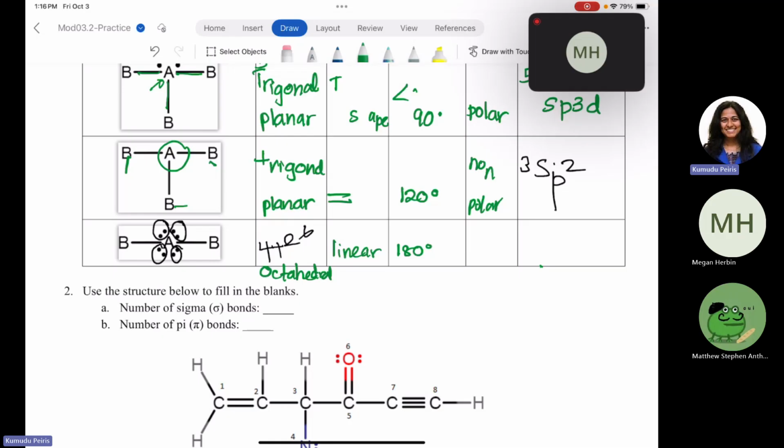As it was drawn there, you will see the dipoles will be completely cancelling out. Therefore, this molecule will be a nonpolar molecule, right?